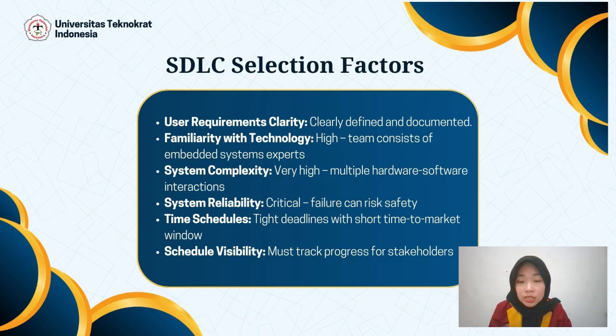Even though the schedule is tight, the V model's clarity helps avoid major issues late in development, which saves time overall. And then sixth is schedule feasibility. Managers and stakeholders require full transparency into progress. The V model provides well-defined milestones and documentation that make it easier to track progress and spot delays early.